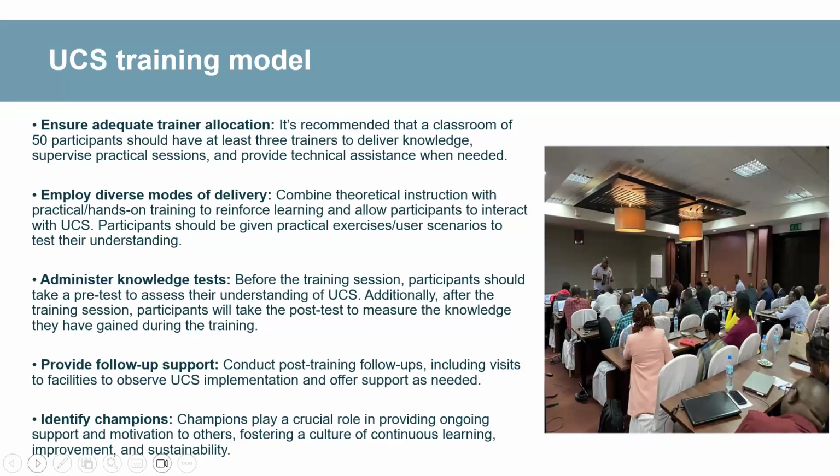A lot of our users, especially community health workers, are laymen when it comes to technology. So not only navigating the device, but also the system itself needed a lot of technical assistance.